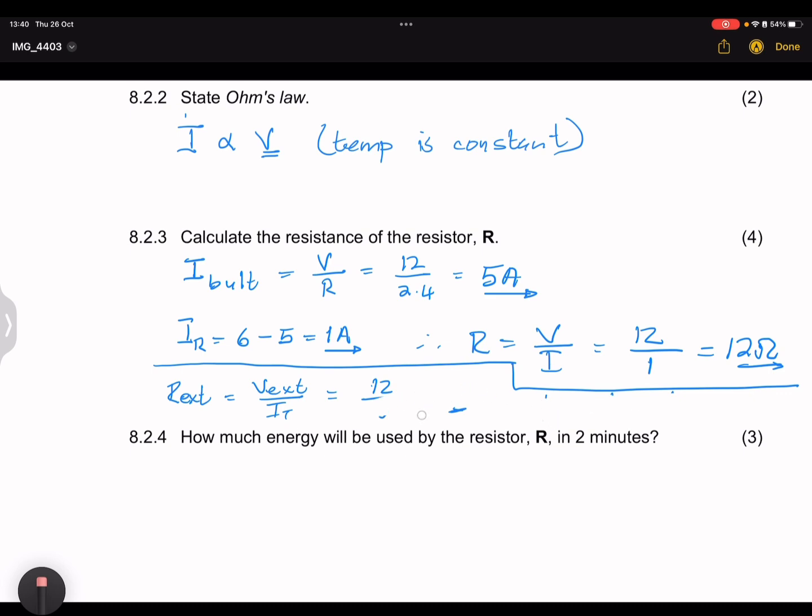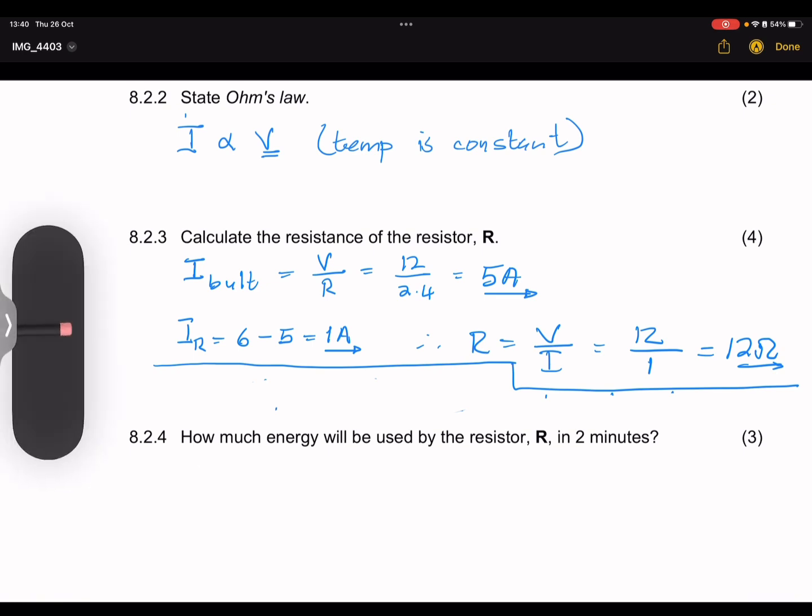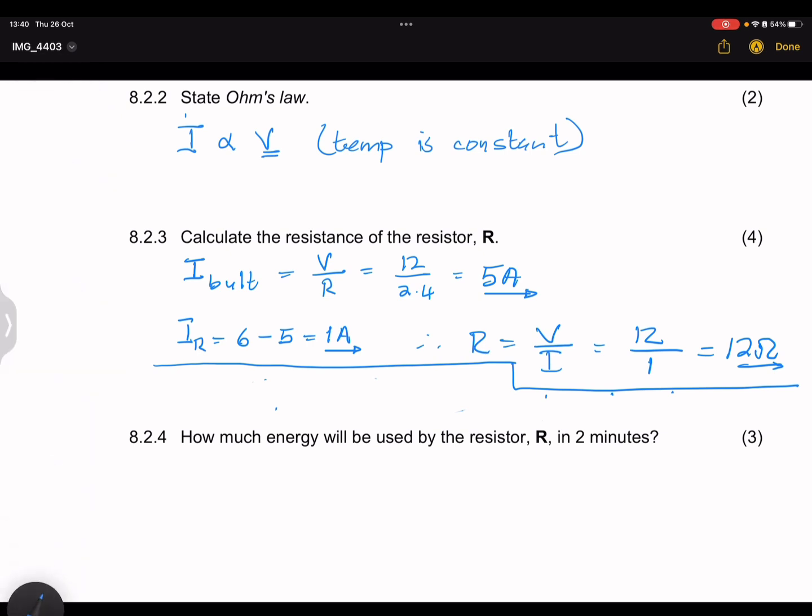All right, ladies and gents, let's go on to the very last question. They say how much energy will be used by the resistor R in 2 minutes. Now remember, when we want to find out the energy across a resistor, what do we have in that resistor?